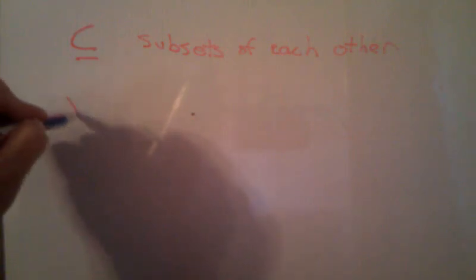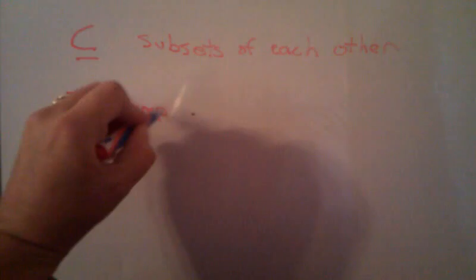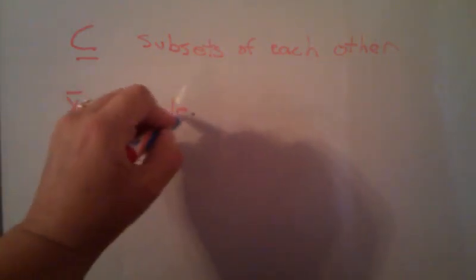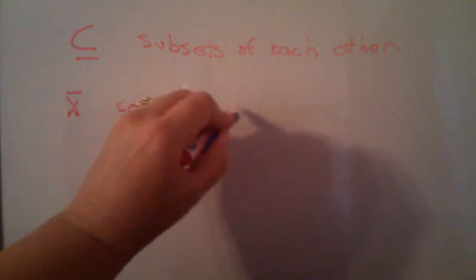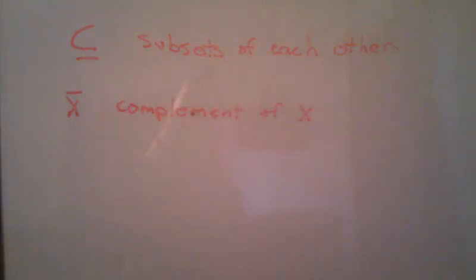Whenever you have a line over it, this means the complement. Is it an I or an E? It's an E. Complement of X. Complement means opposite of. So it's anything that's not in the set.